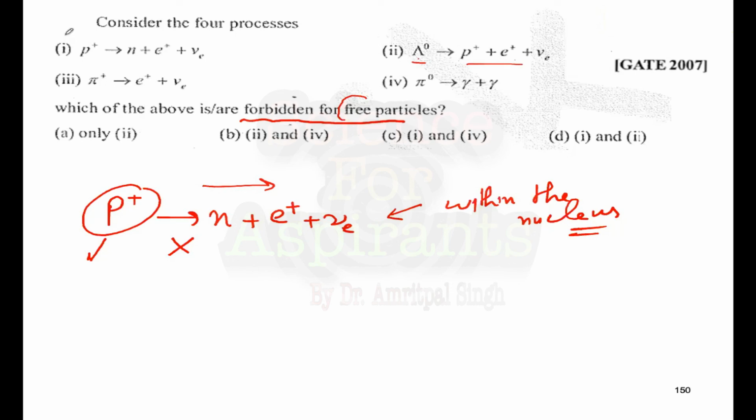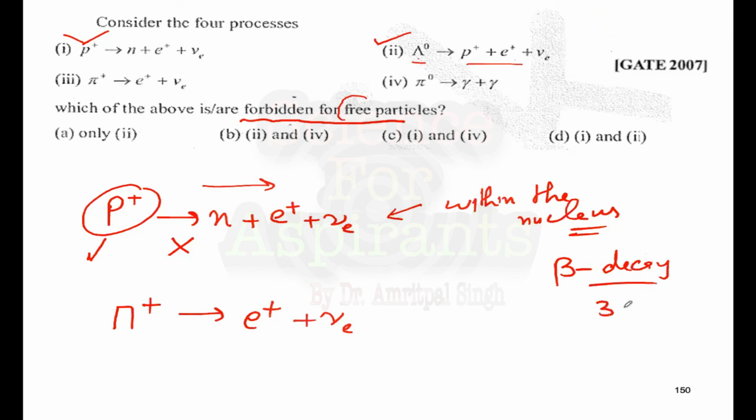So the first is forbidden, the second is also forbidden, and third, pi plus is decaying into a positron and a neutrino. Here we are talking about how these bosons decay, because beta decay is a three-way process.